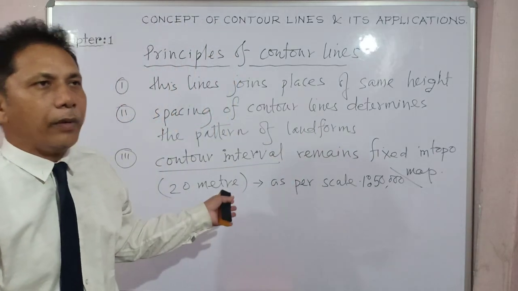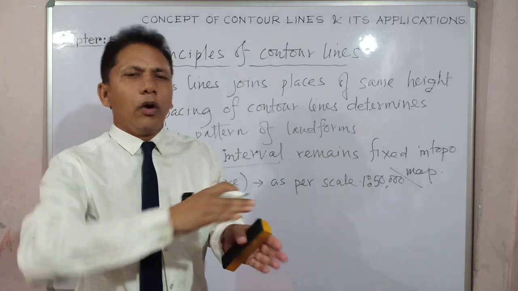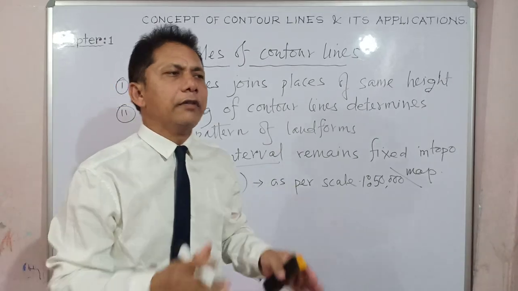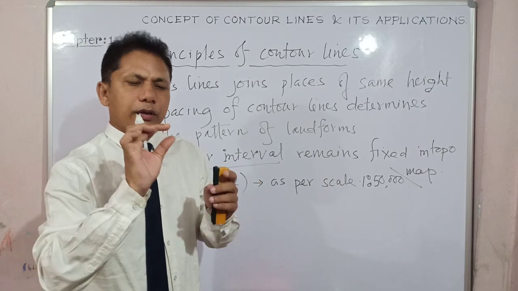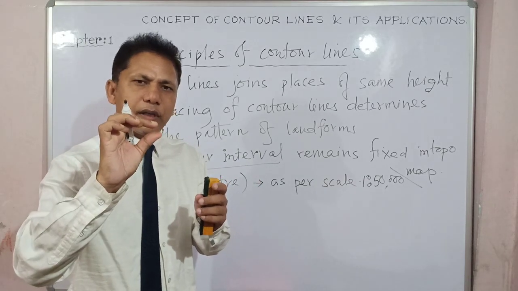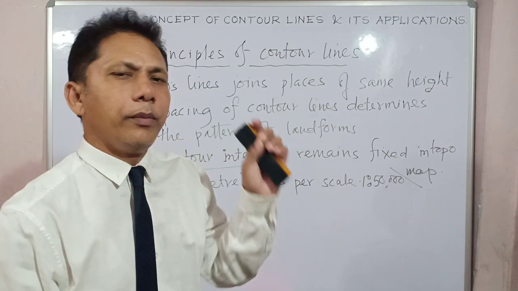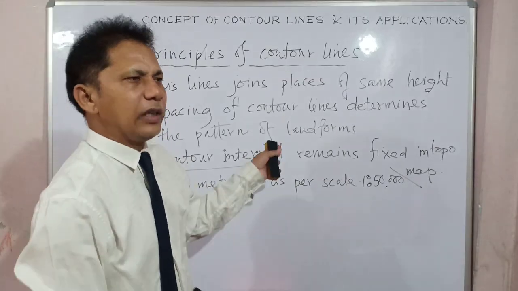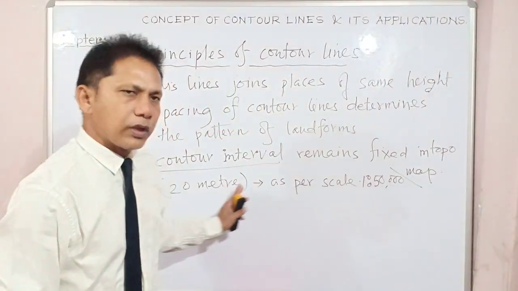In case of your survey map, it is 20 meter, for the different sheets such as 45D/7 or 45D/10. Whatever type of map it is, the height difference, the vertical distance between two consecutive contours, will be 20 meter. It will remain fixed, right? The scale is 2 cm to 1 kilometer, or 1:50,000, which is the scale of your survey maps, right?